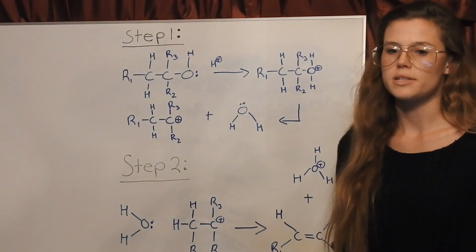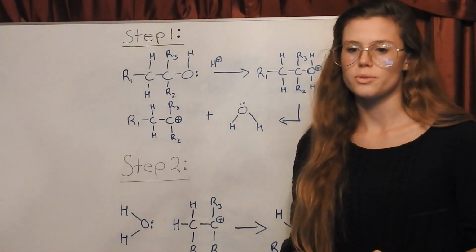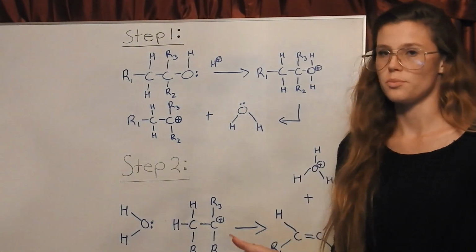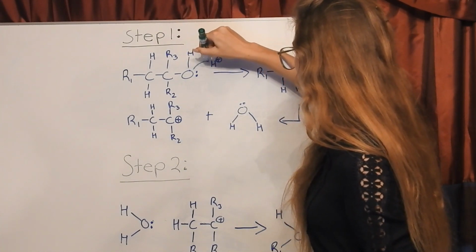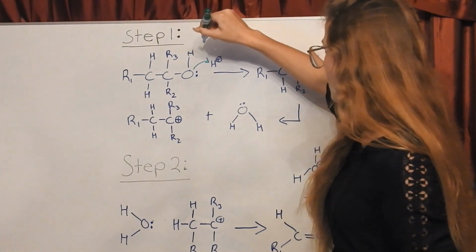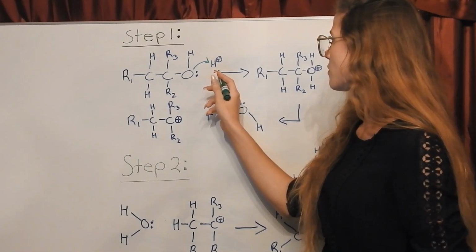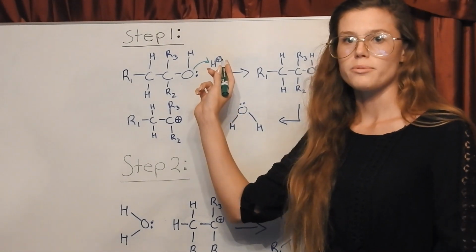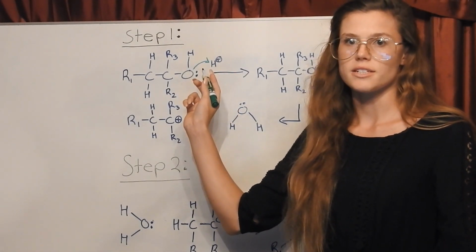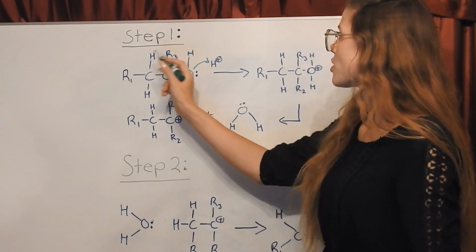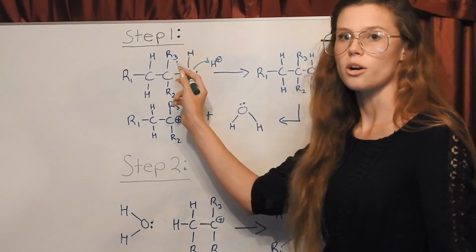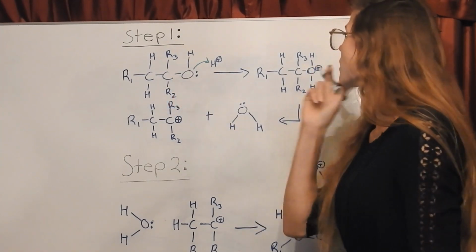The first step is protonating the OH group to facilitate its removal. So we draw from the oxygen to the proton, and this proton represents one of the three acids that we described before, and we started off with a tertiary alcohol.